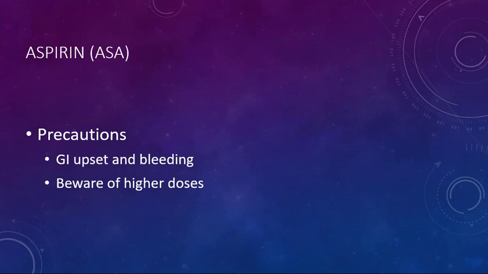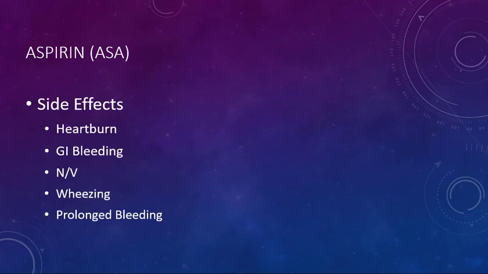Oh, absolutely, yeah, because aspirin is a medication that can cause bronchoconstriction and stimulate an asthma attack. Okay. Good. Some of the side effects you want to look at in particular either have to do with the GI system or with the respiratory system.